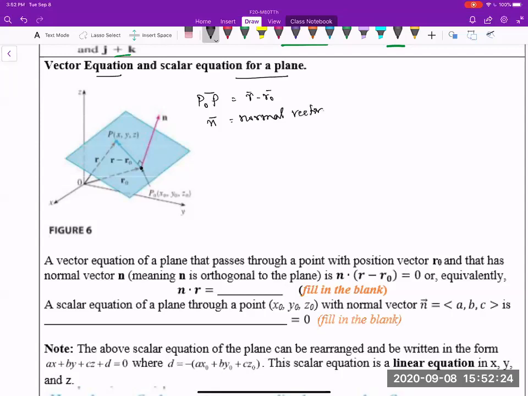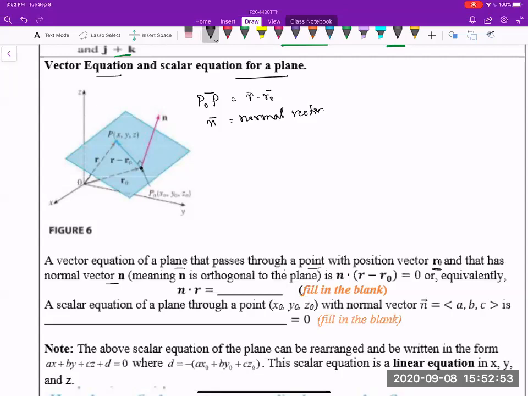If there are two vectors that are perpendicular to each other, then their dot product is 0. So the vector equation of a plane that passes through a point, in this case P0, which is x0, y0, z0, with the position vector R0, and has the normal vector n, which is orthogonal to the plane, is n dot (R minus R0) equal to 0. The dot product should be 0.